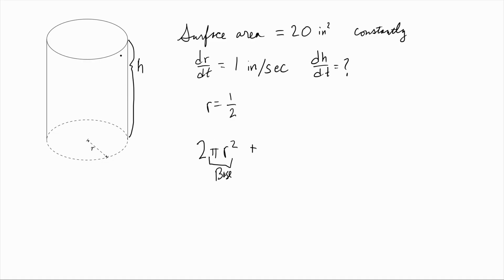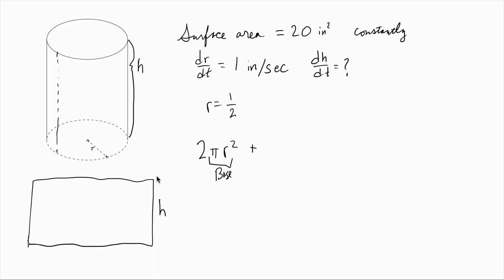But then we want to add, because we're still finding area, the lateral area. Maybe we should take some scissors to it for a minute. If you cut it, stretch it out and roll it out, the height is h, and what's rolled out here is actually going to be 2 pi r. Why is it 2 pi r?